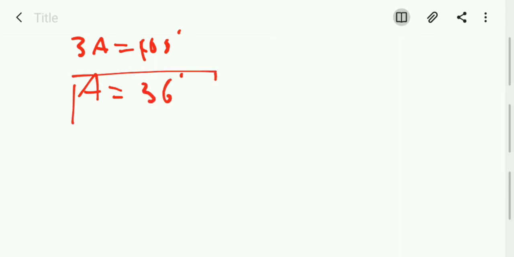If 3A is equal to 108 degrees, what is the value of A, guys? It is 36 degrees. So angle A is nothing but 36 degrees. Simple, easy. This is how you need to carry on with the sum.